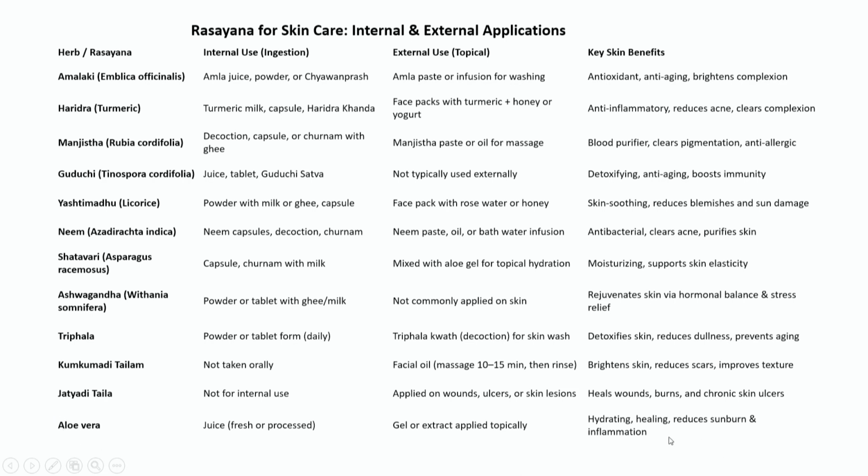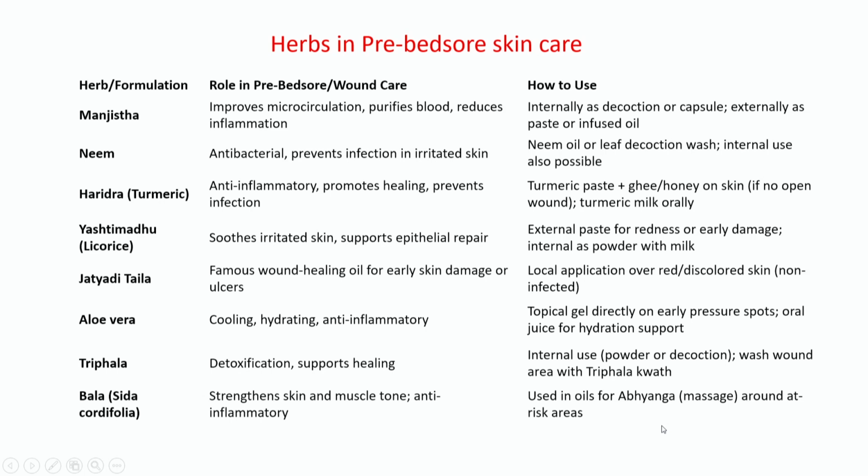And aloe vera juice is for hydrating, healing, and reducing sunburn and inflammation. So this is a very important thing you must know. Herbs in pre-bed sore skin care. I told you in the beginning, when there is a wound area, that is called the bed sore, and the nearby skin is called the pre-bed sore skin. That also has to be managed.